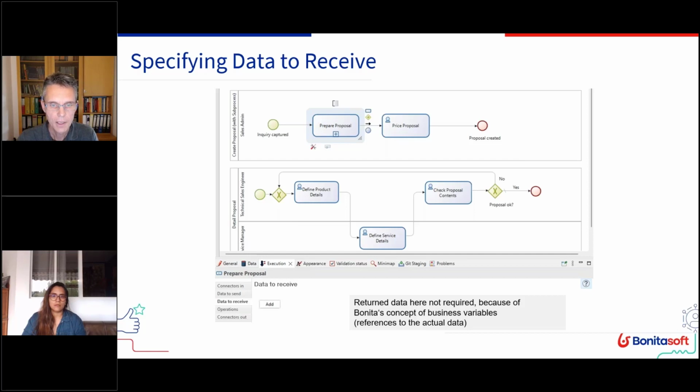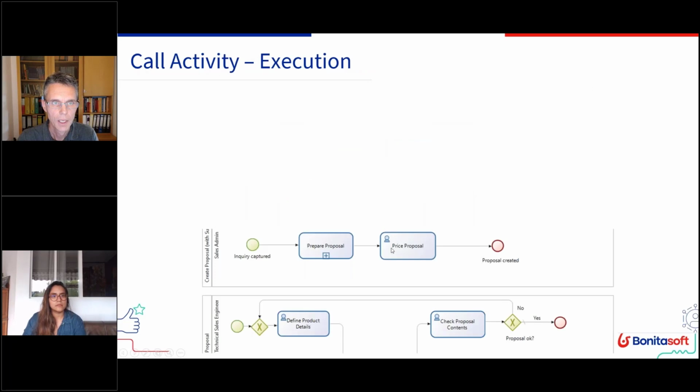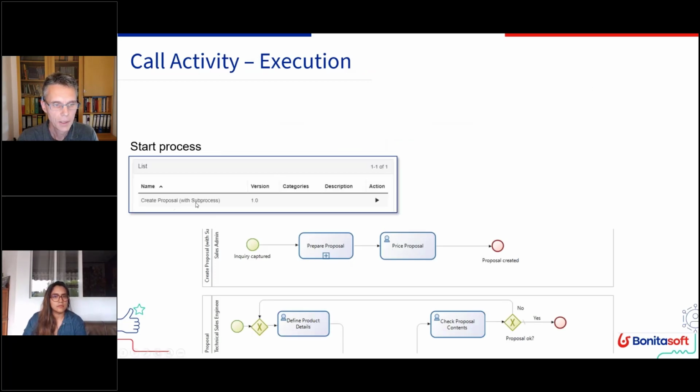If we had normal simple data types, then this would be different, and we would need to define data to receive back from the called process to the original process.